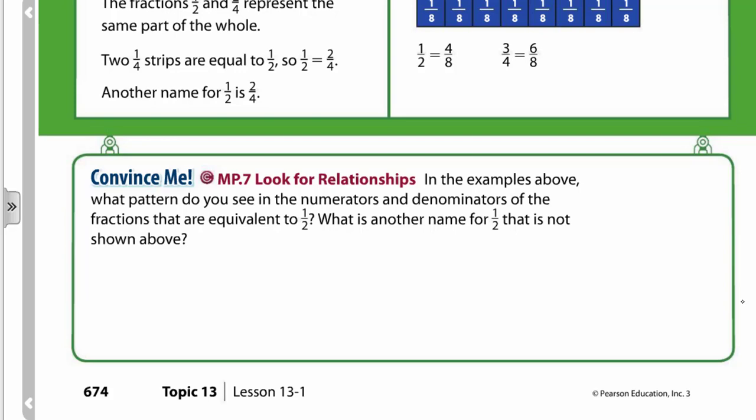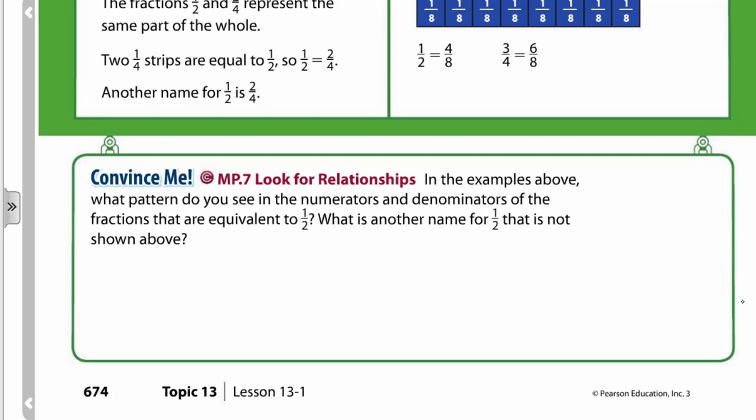Okay, so we have two things to do in this question. The first one, we need to describe the pattern that we can see in the numerator and denominator of the fractions equivalent to 1/2. And the second part is easier than the first, since we will just use the pattern. Okay, but let's take it step by step.